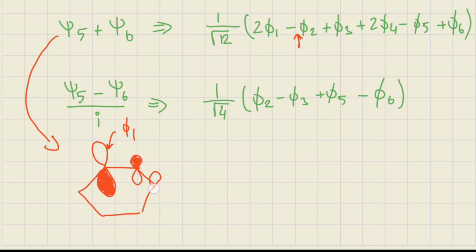Phi 3 is positive. Phi 4 is positive and bigger like the previous one. Phi 5 is negative and phi 6 is positive. So this is the other representation for the MO, and I will look at the nodes.